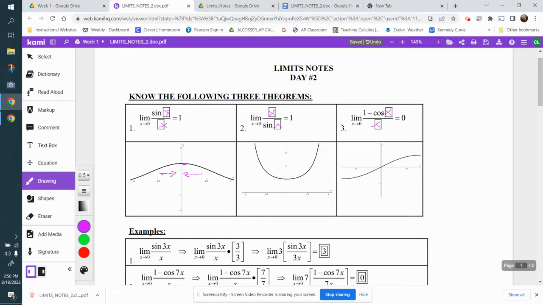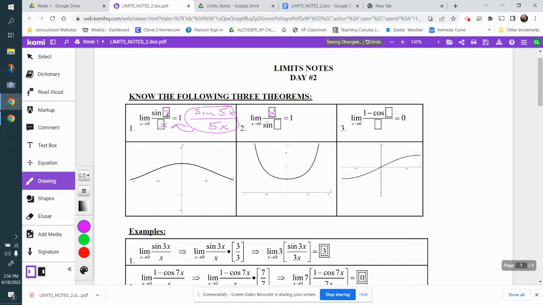Well, this isn't just for the sine of X over X. It can be the sine of 5X over 5X. Okay? So this right here will also equal 1.